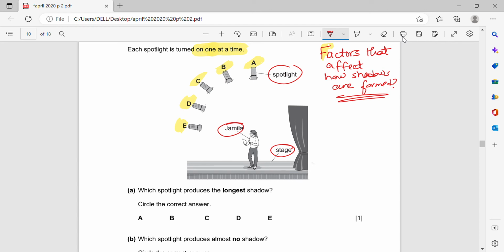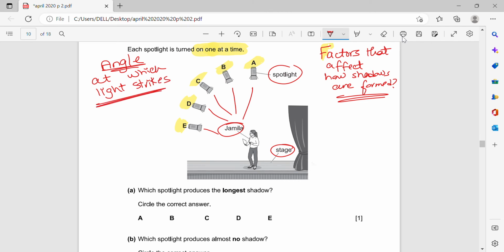If we look at this picture, ايه هنا الفاكتور ده؟ ايه الاختلاف في السبوتلايتس دي هنلاقي هنا ايه؟ They are different in the angle. الزاوية اللي نازل منها اللايت. So the angle at which light strikes an object here. This affects the size and shape of the shadow.